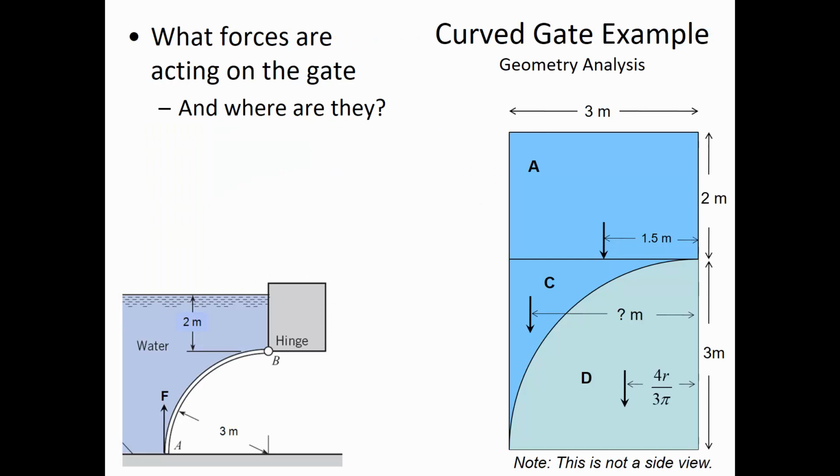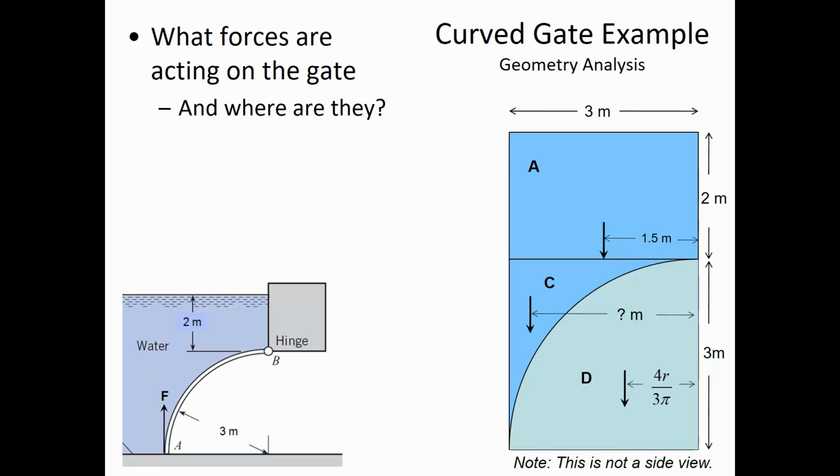Okay, so B is the combination of C and D. So that is the result of combining the volume of element D. Previously we found that element D had a volume of 28.274 cubic meters, and its location is going to be 4 times R, which is 3 meters, divided by 3 pi.